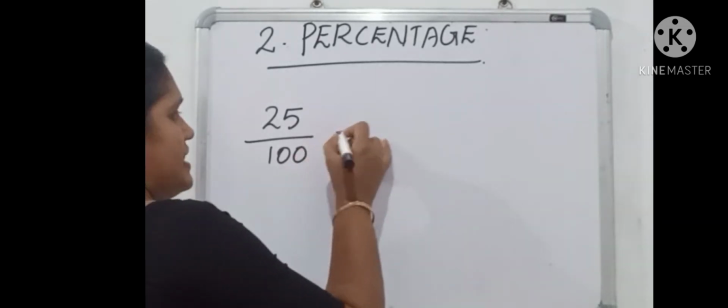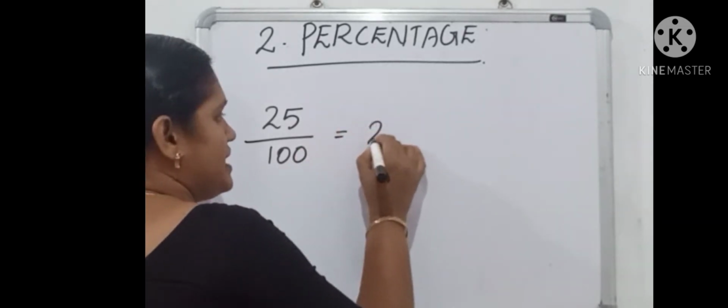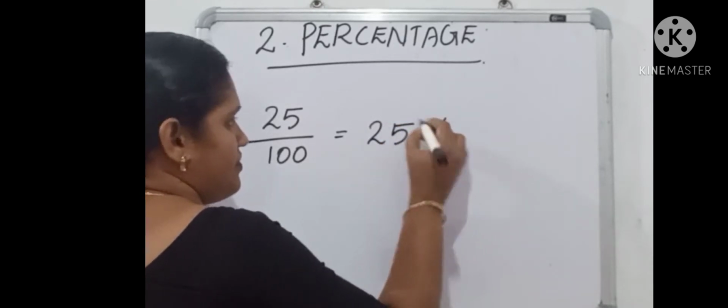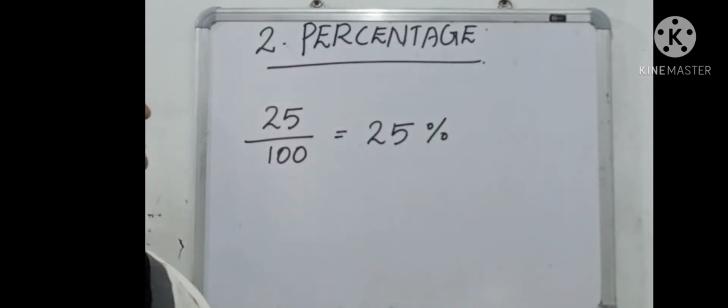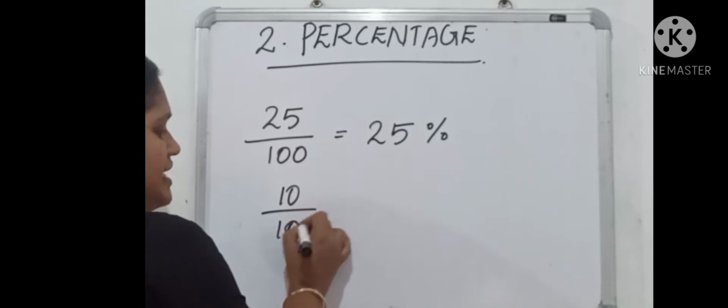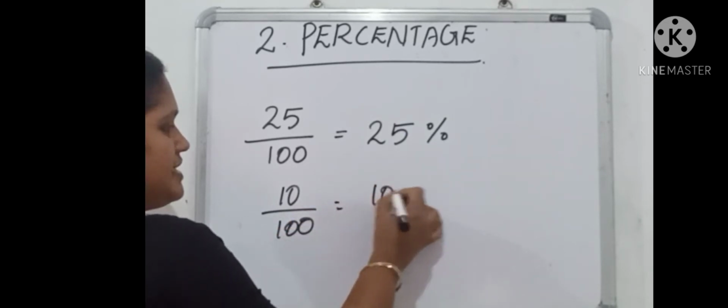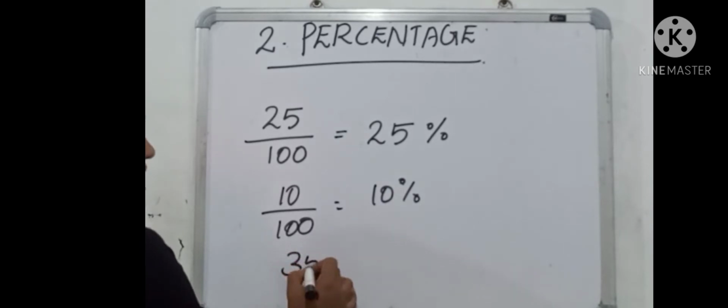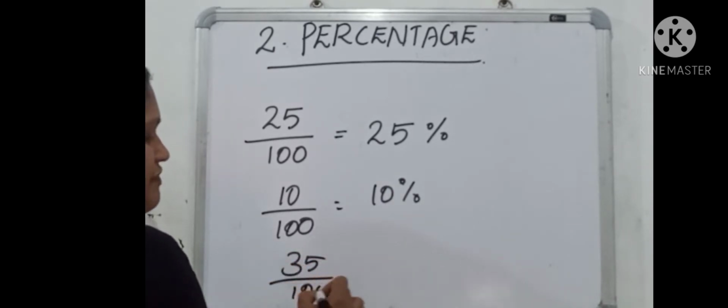Thus we can say that 25 percent. The symbol of percentage is this. 25 percent. Can you say another example? 10 by 100. 10 by 100 is 10 percent. 35 by 100. 35 percent.